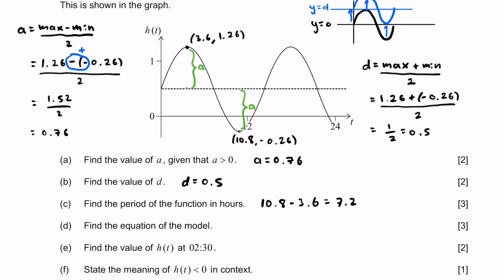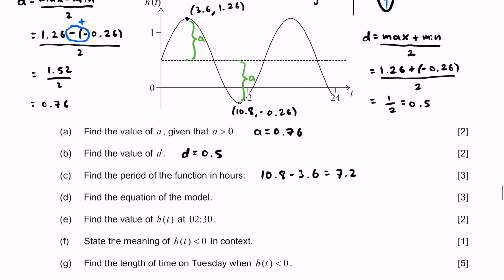Okay, so it took 7.2 hours to go from the max to the min. But that's only half a cycle. It's not a complete cycle. Since we have symmetry here, 7.2 hours to go from the max to the min, another 7.2 to go from the min to the max. So if we want to find the total time taken for one cycle, we could take 7.2 and multiply it by 2. So 7.2 times 2 would give us 14.4 hours.